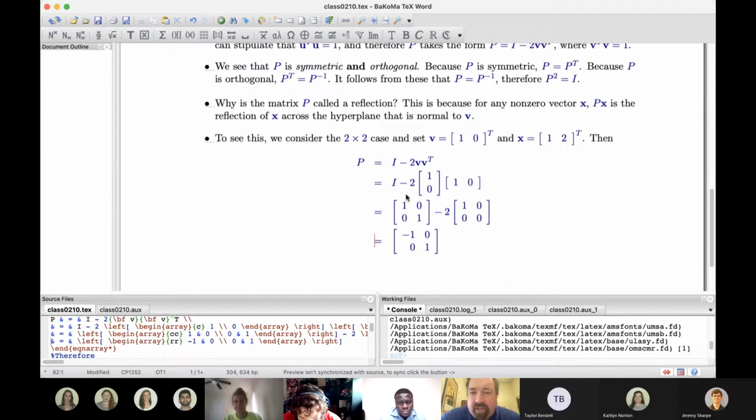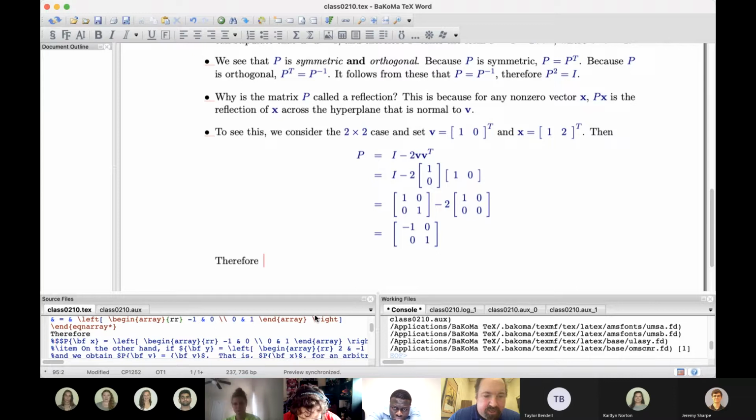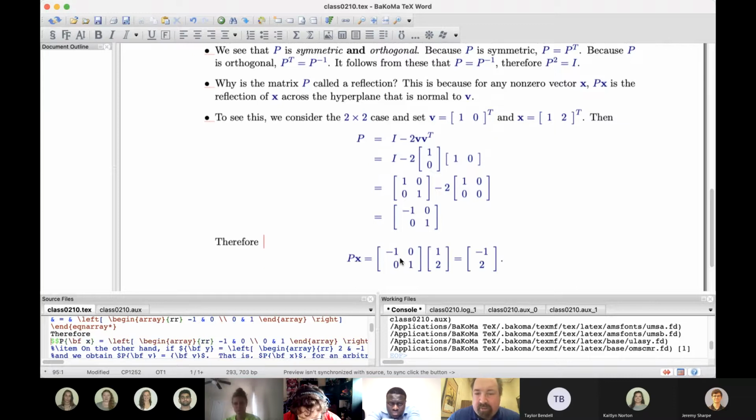What I work out, identity minus 2vv transpose for this v, is a matrix that if you multiply it by a vector, it's going to negate the first element and leave the second element alone. So if I compute P times x, multiplying the vector 1, 2, I get minus 1, 2.